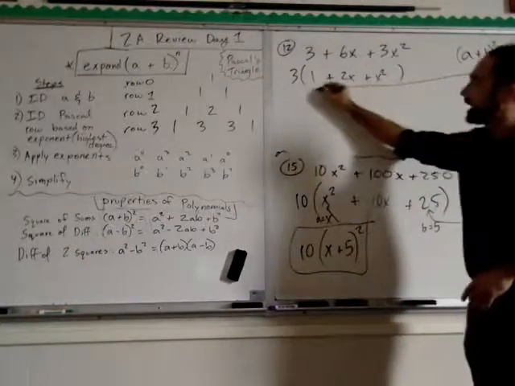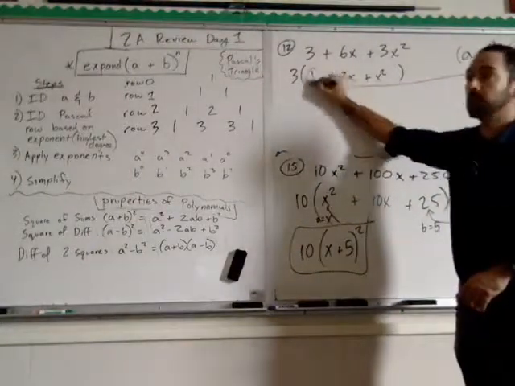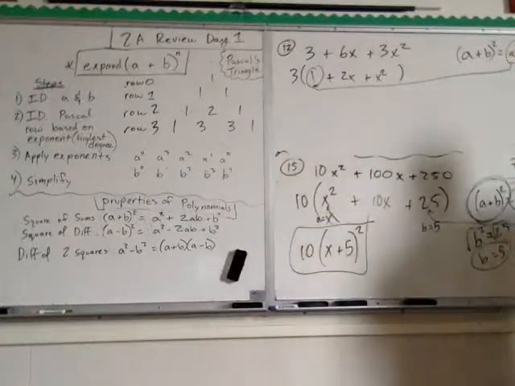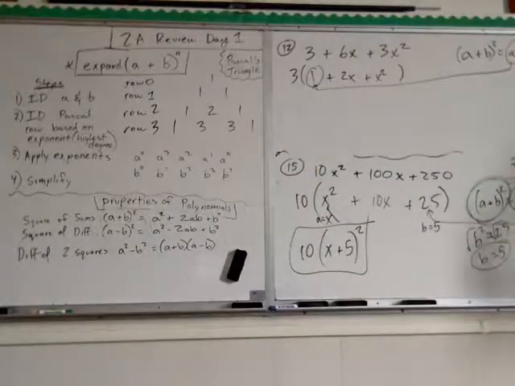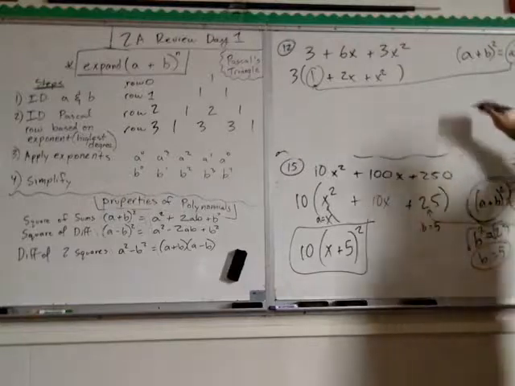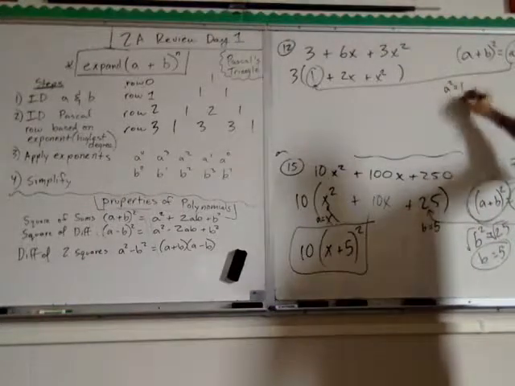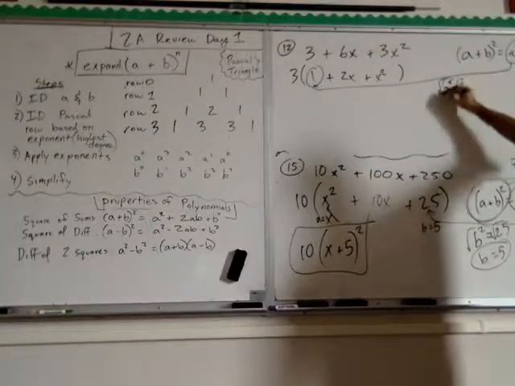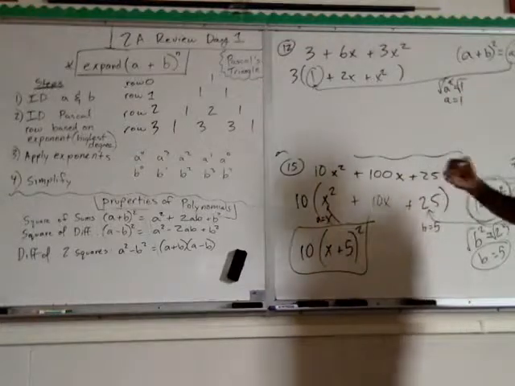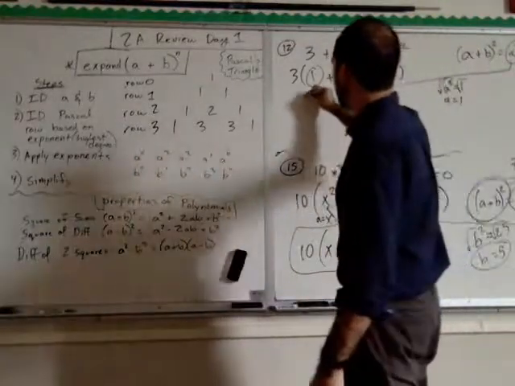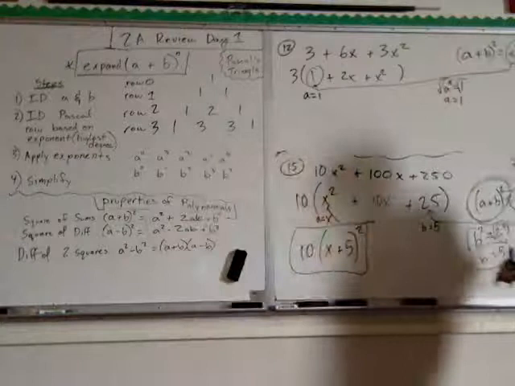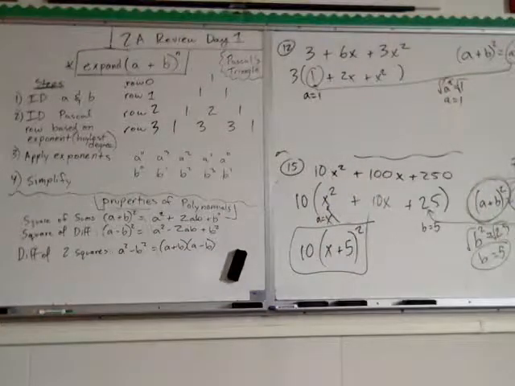Okay. A squared is equal to 1. So since a squared is equal to 1, if you need to do the baby step with this, there's nothing wrong with that. A squared is equal to 1, so when I square root both sides, a is 1. So we have a is 1. B squared corresponds to what over there?